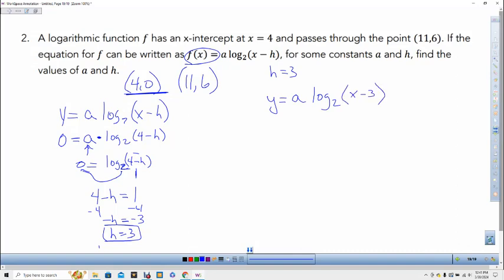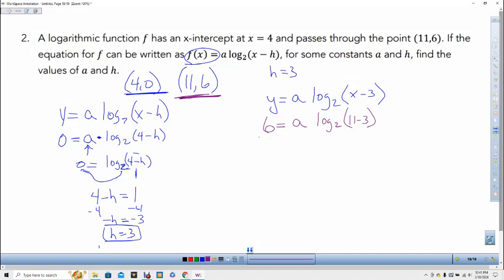So now I'm going to take this point and plug those x and y values in there. So 6 is equal to a times log base 2 of 11 minus 3. Plug the x in where the x goes and the y in where the y goes.